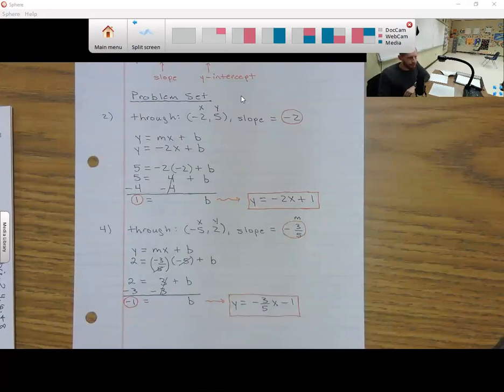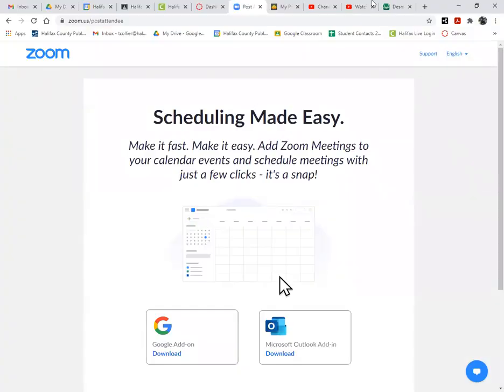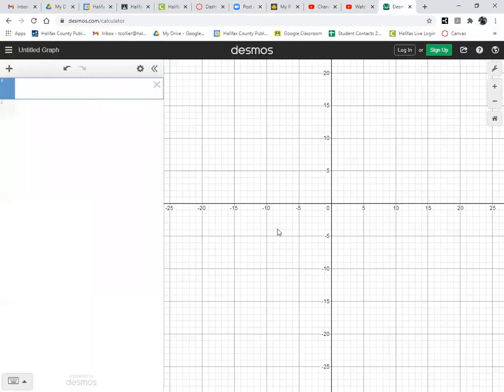So I'm going to go to Desmos right here, okay? What you'll see is you have an input side and an output side. The input is always going to be on the left, so you can type in whatever you want over here on the left side. And then on the right side, you'll get the graph of whatever you just typed in.